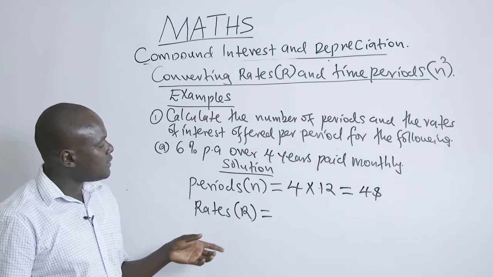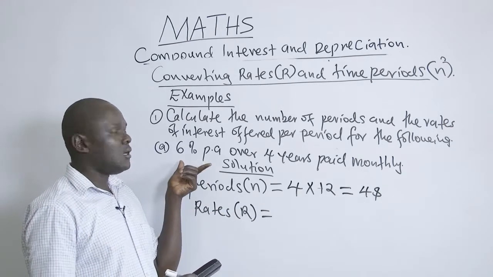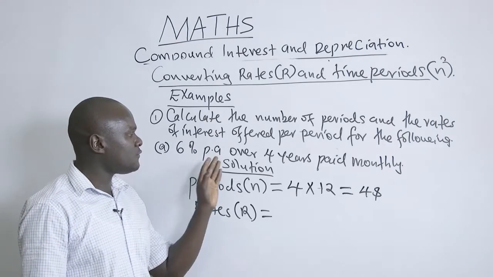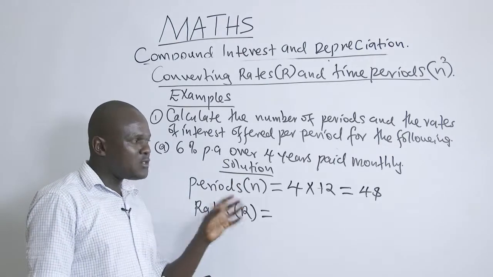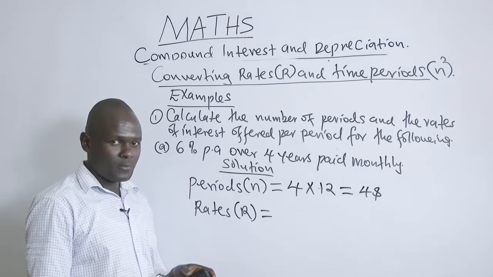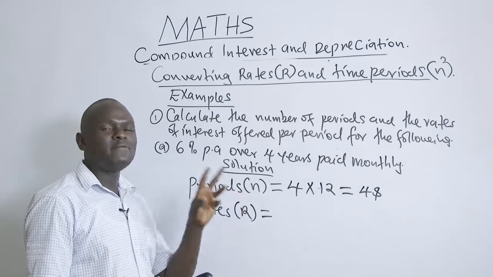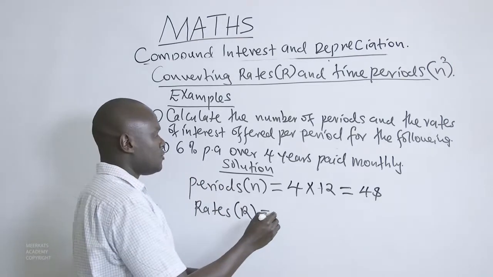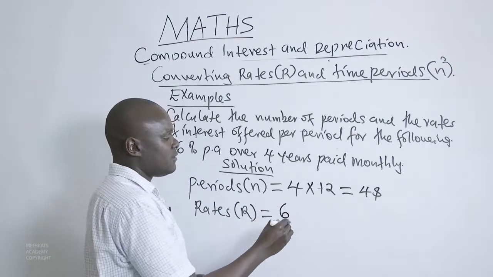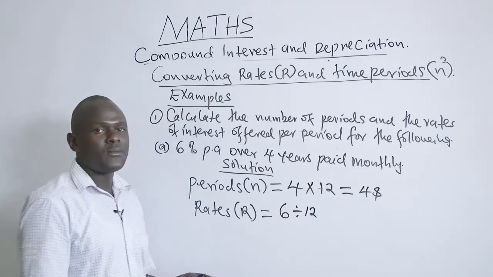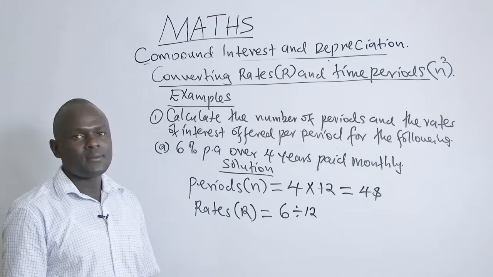We are told that the rates we are given are 6% per year. If we have the rates of 6% per year, what will be the rates per month? Remember, we have 12 months, so we are going to divide this by 12 to get the rates per month.